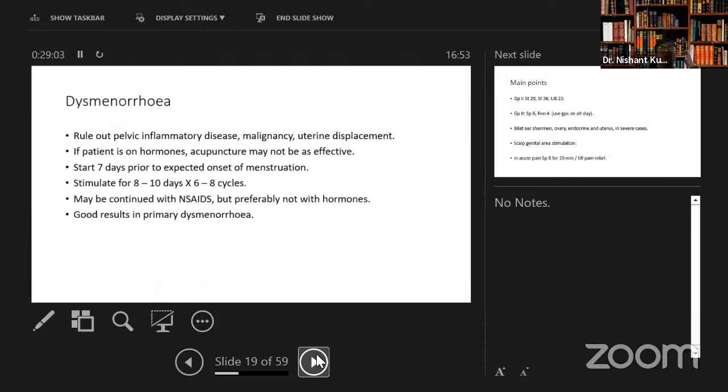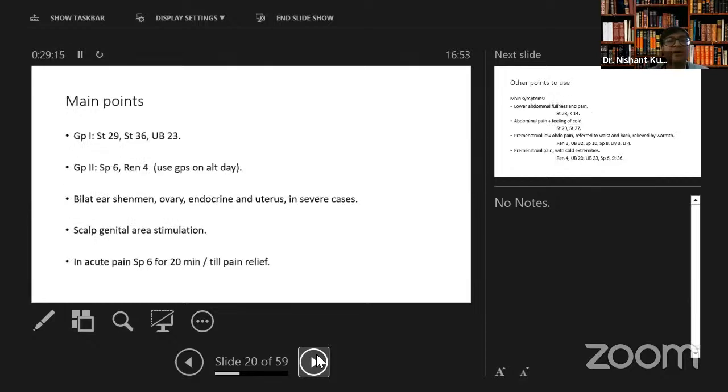Okay. Now, again, it has shown benefit in gynecological disorders such as dysmenorrhea. We stimulate for 8 to 10 days and give 6 to 8 cycles. We recently presented our study, a case series of 3 patients with PID who had real benefit with acupuncture.